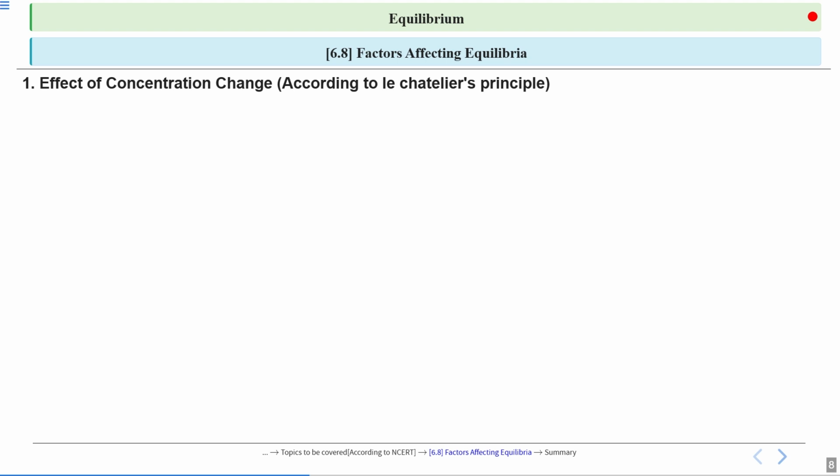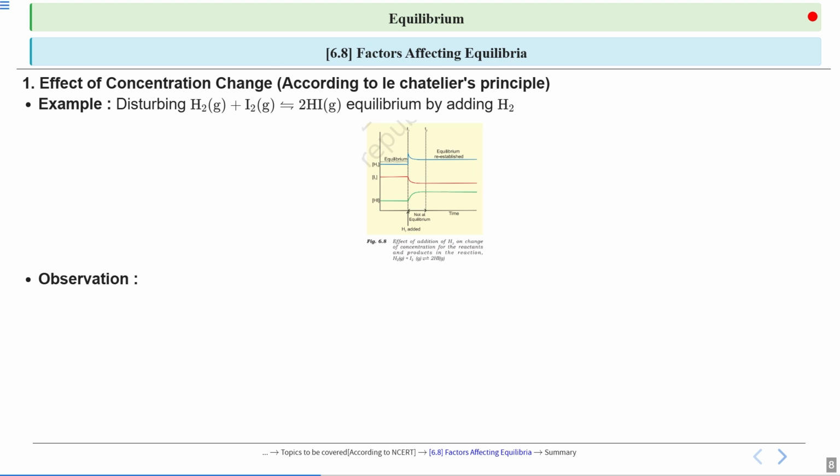Now moving on further, we will take one more example, which is the production of hydrogen iodide. Now suppose we are disturbing this equilibrium by adding H2. Let us look at the same condition with the help of a graph. If you see here, this is the situation of equilibrium where the lines are straight. Now at this point you add H2 at time t1. You are adding the dihydrogen gas.